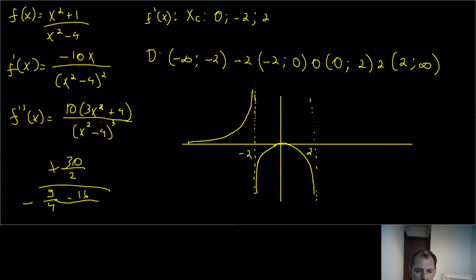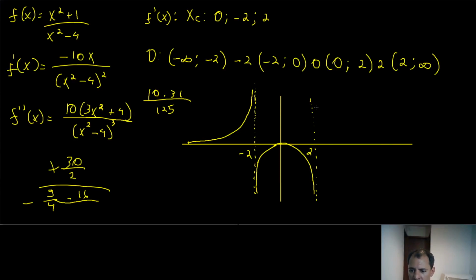So at 3, it's going to be 10 times 27 plus 4, that's 31, divided by 3, which is 9 minus 4, 5, divided by 3, 1.25. So the second derivative is positive. If the second derivative is positive, the thing has to be concave up.